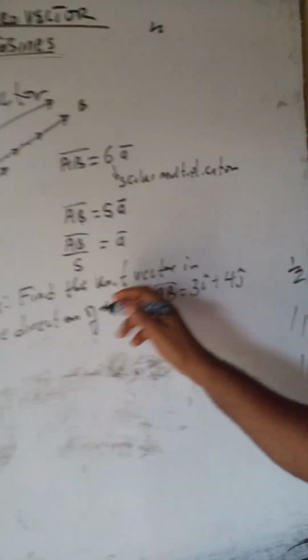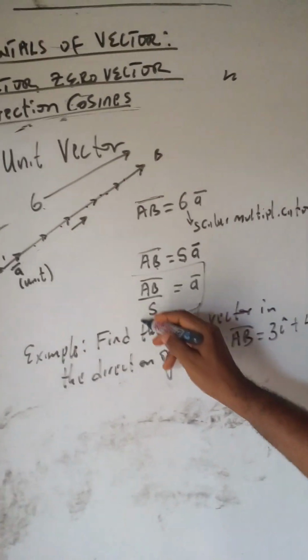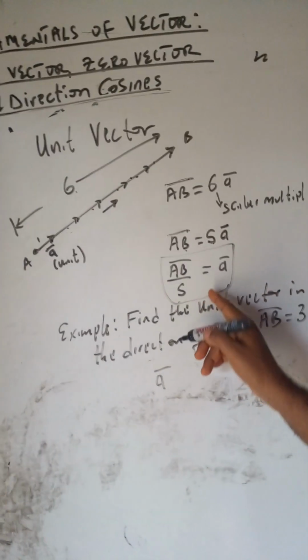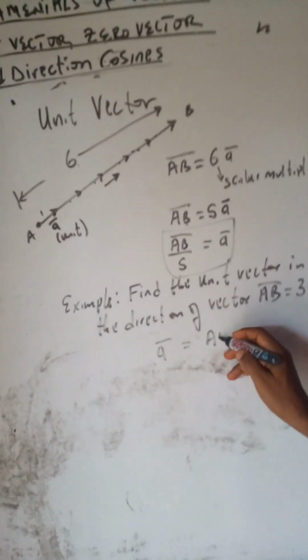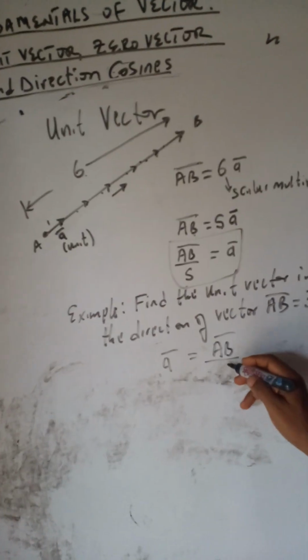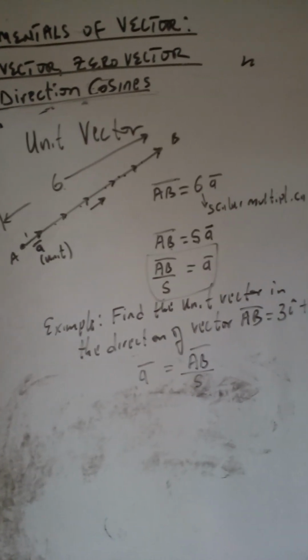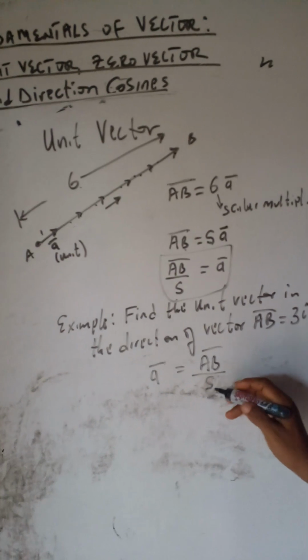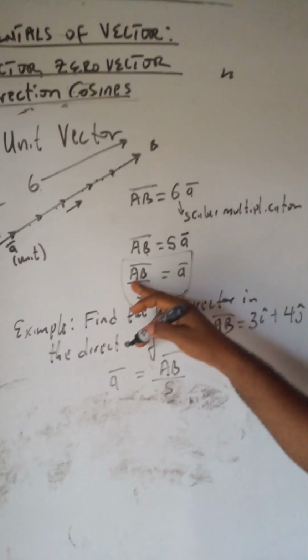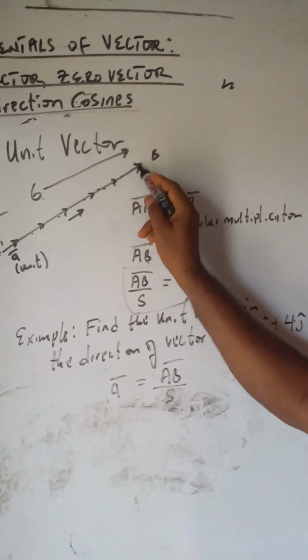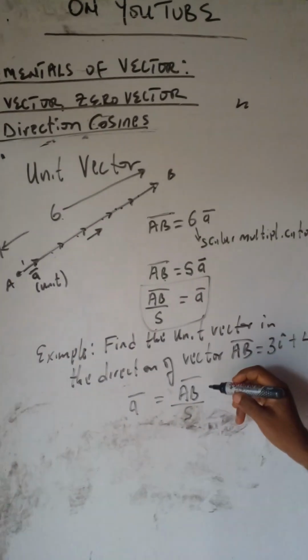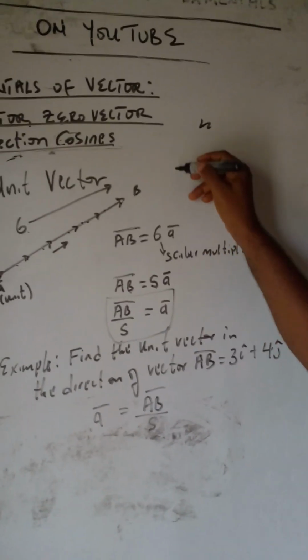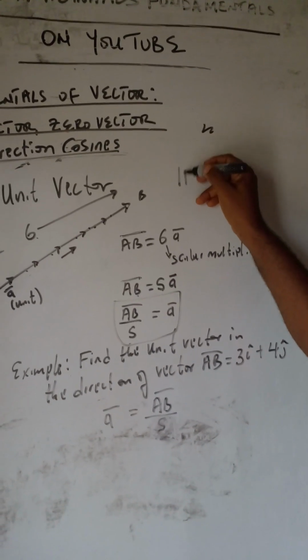Now, we know very well that the unit vector a, like I said, is the vector AB divided by the scalar multiplication, and the scalar multiplication that we have here is the magnitude of vector AB. Now, I want us to note something. The magnitude of vector AB, we can write it as this.